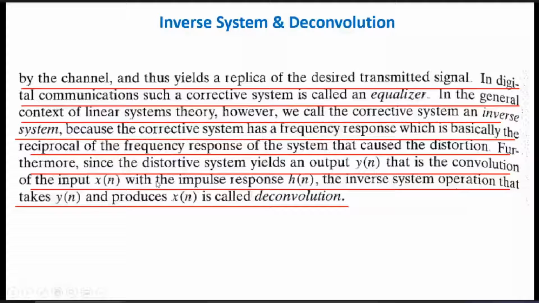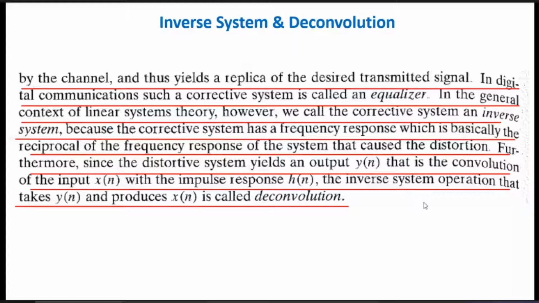You can see it is written that the distortive system yields an output that is the convolution of the input x[n] with the impulse response h[n], and the inverse system operation that takes y[n] and produces x[n] is called deconvolution.